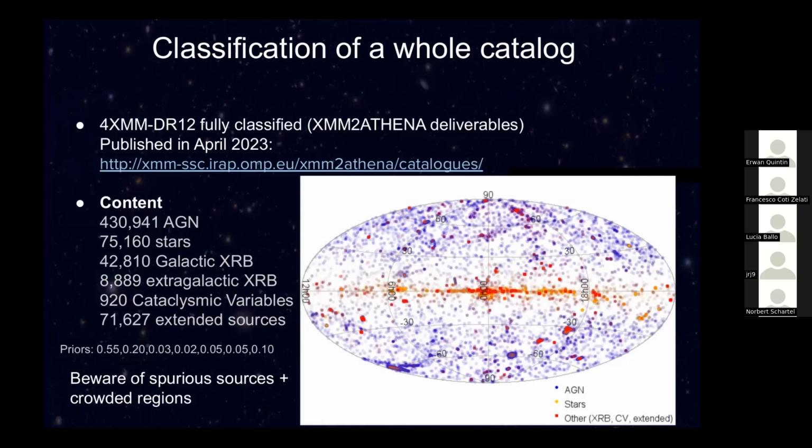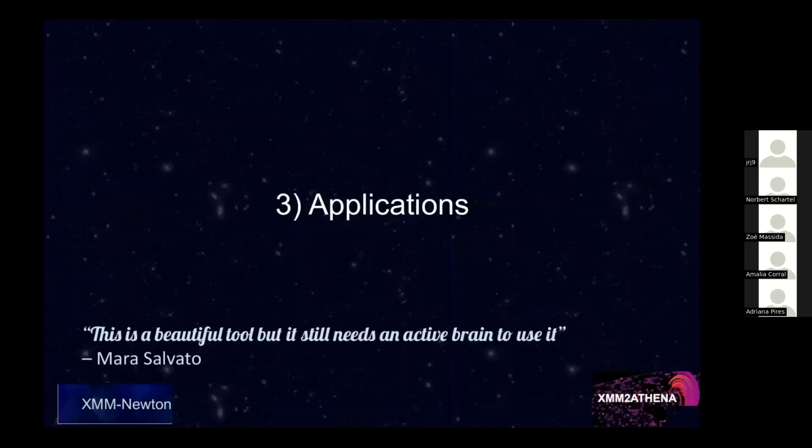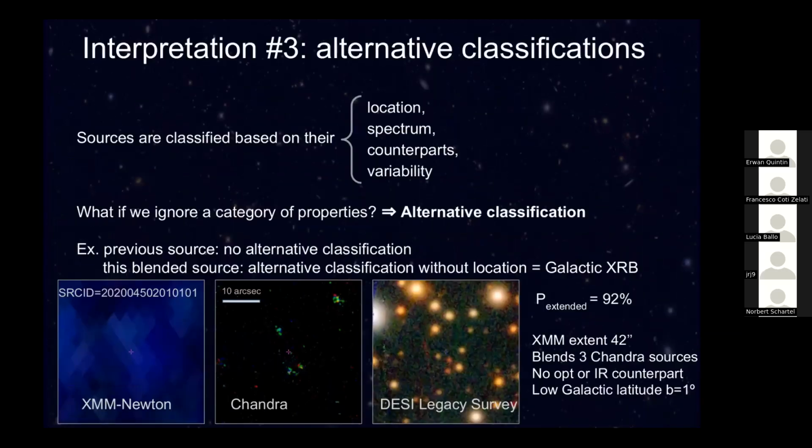I don't know, but it would be very interesting to look more in depth into this. Anyway, we do provide an alternative classification here. So you can ignore all location features and see if that changes the classification. This is already public in the output catalog. Okay, so let's thank Hugo again.